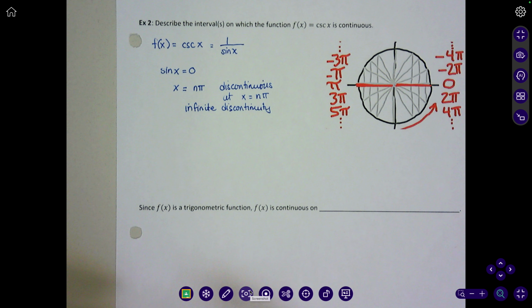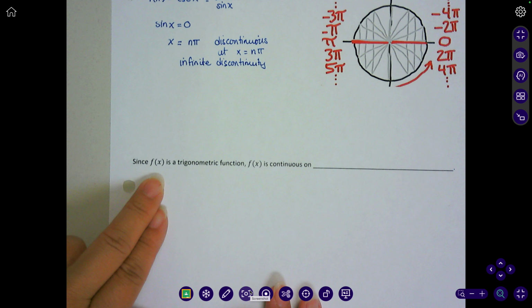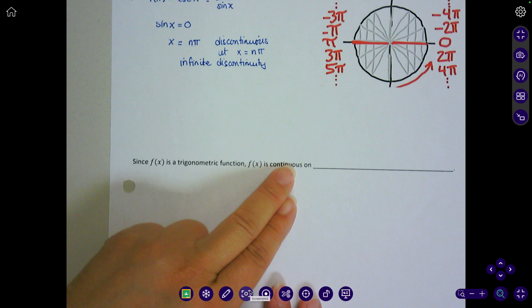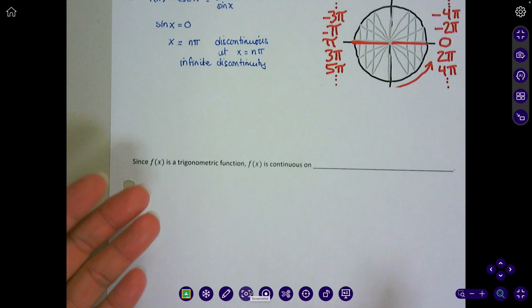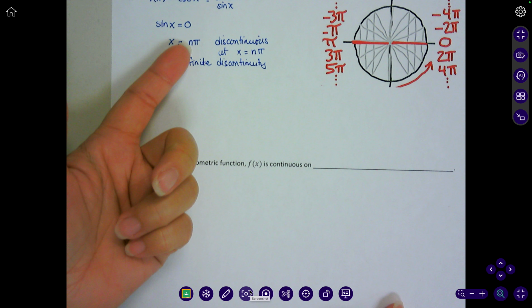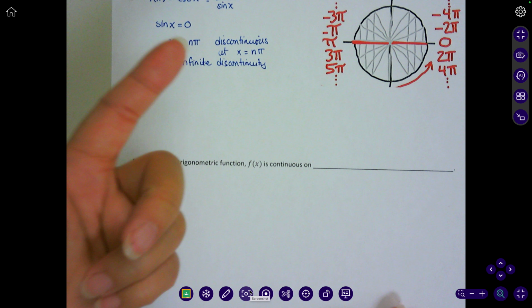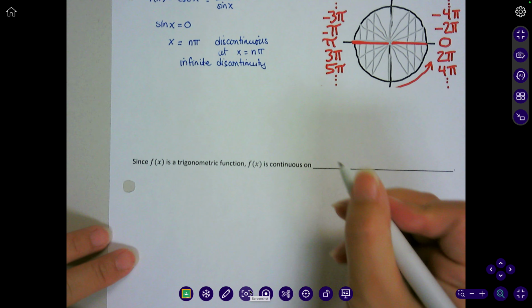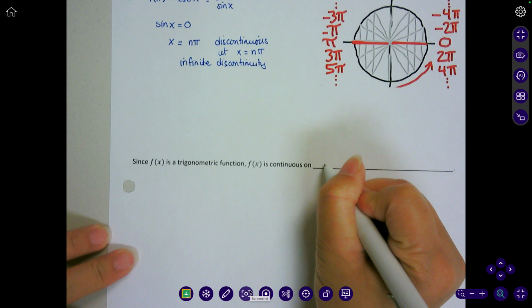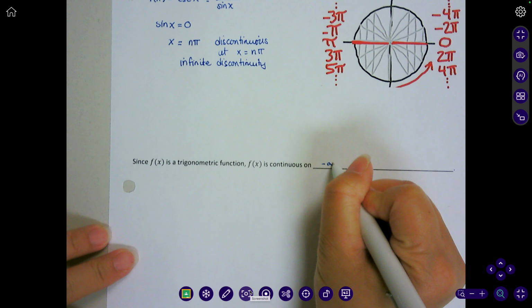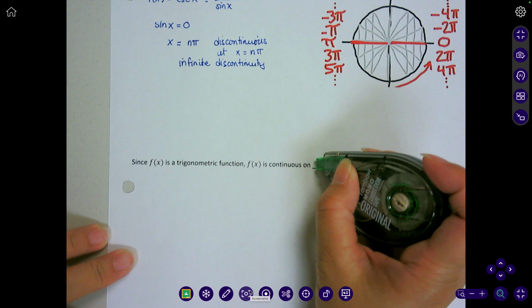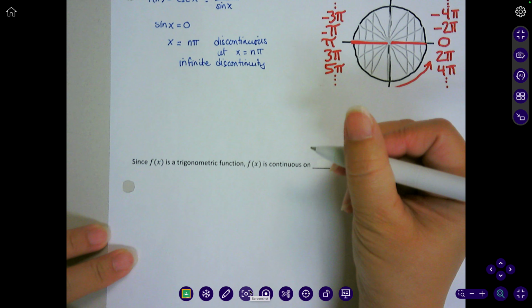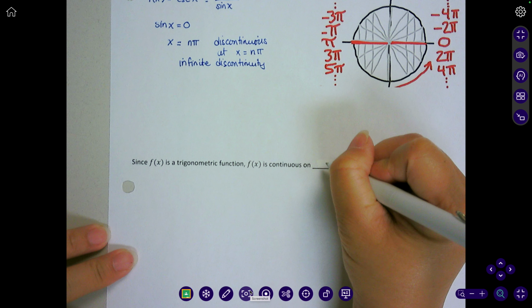So now, if I'm looking at the function is continuous on what interval, then you just have to exclude intervals that have pi. Do you guys see that? So what I can say is that the function is continuous on negative infinity. Or actually, we can say negative infinity because that's going to include everything else, right? So I think we can go for one of them.